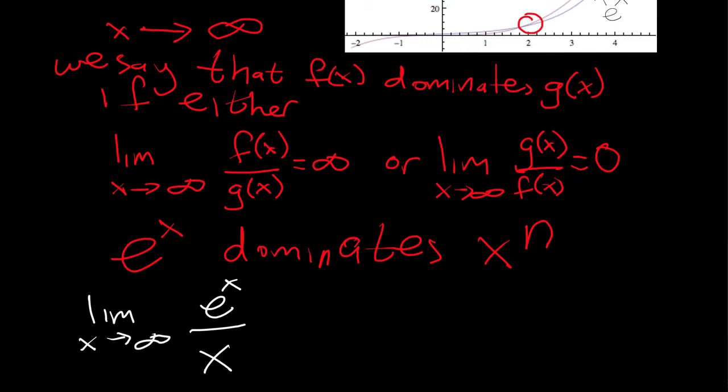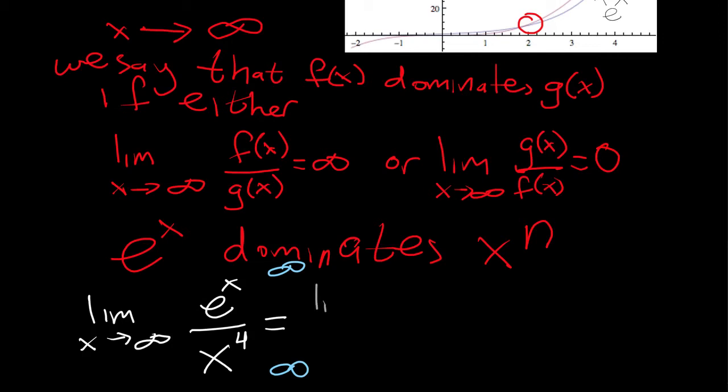Let's just pick, randomly, the fourth. But this works exactly the same way with 5, 6, 7, 100, 1,000. Notice that you plug it in and you get infinity over infinity, right? So infinity on top, infinity on bottom, which tells you, okay, you can use L'Hopital's rule.